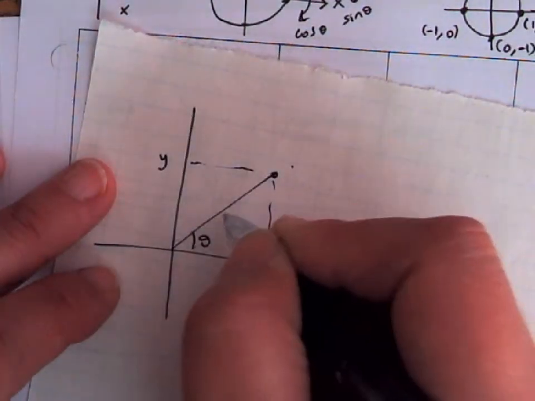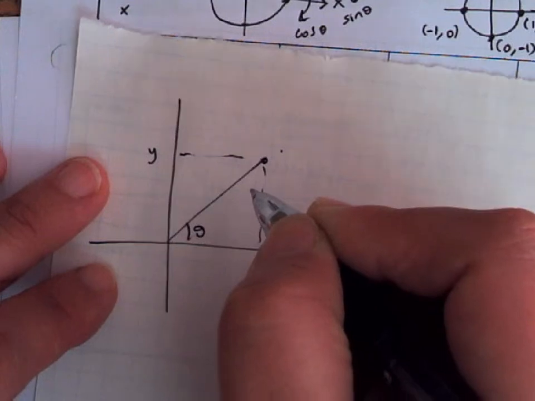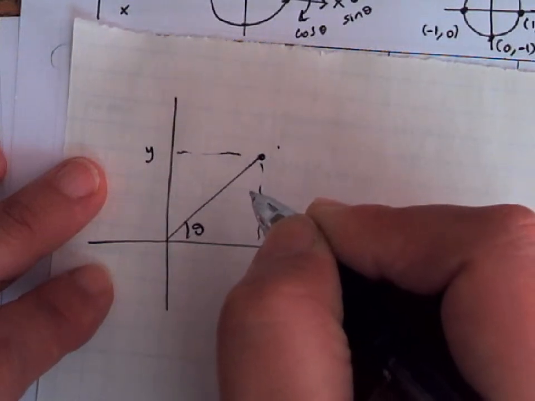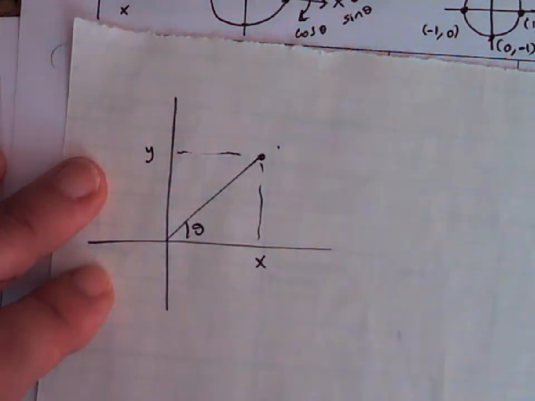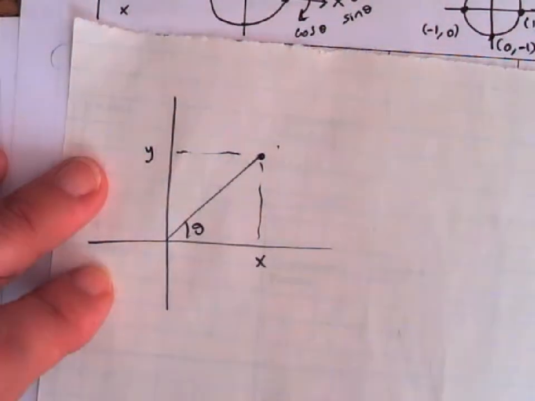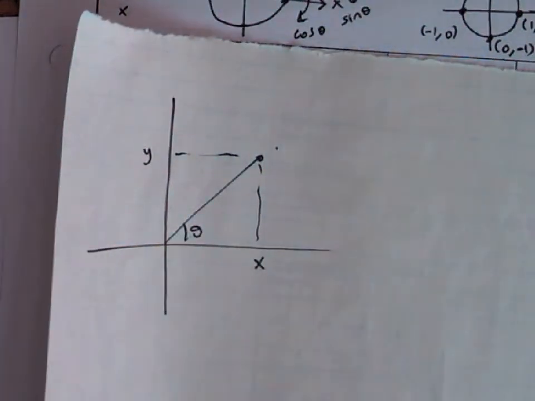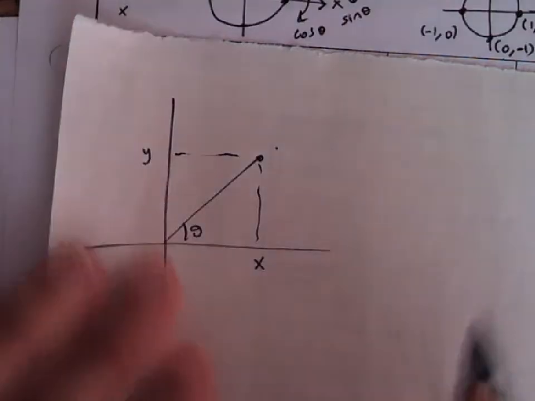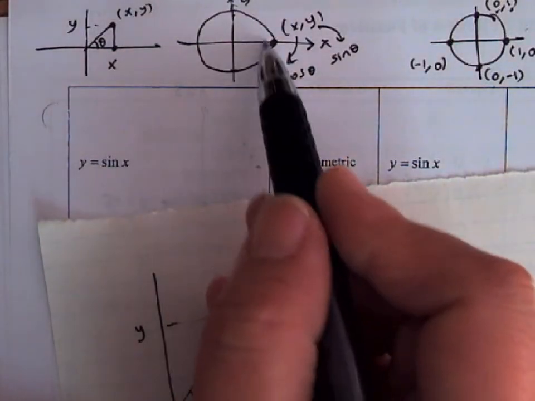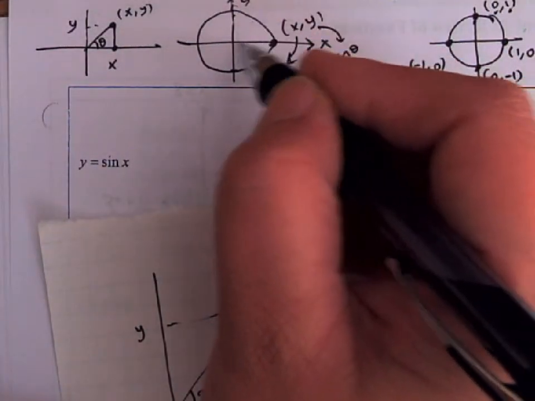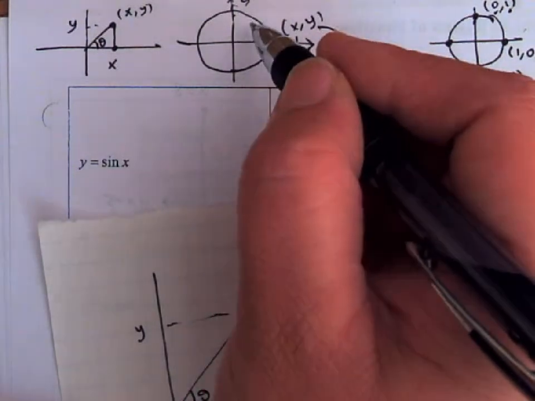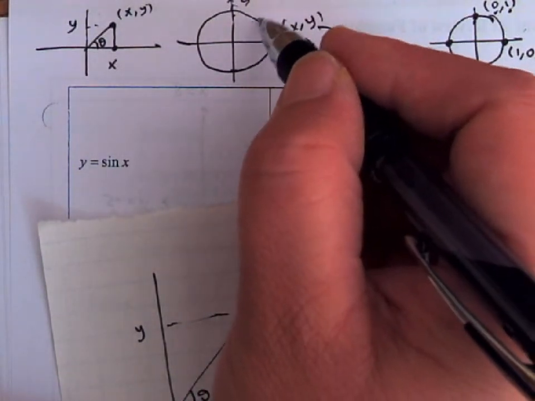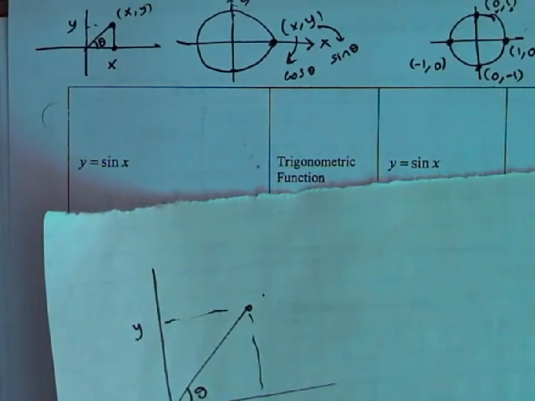If it's a unit circle, the hypotenuse of that triangle is 1 unit, because that is the radius of that circle. That is why it's called unit circle, because the radius is 1 unit. So whenever you draw a right triangle using the given point, the hypotenuse is going to be 1 unit.